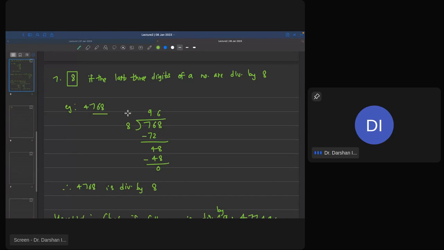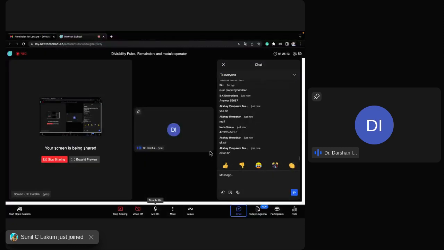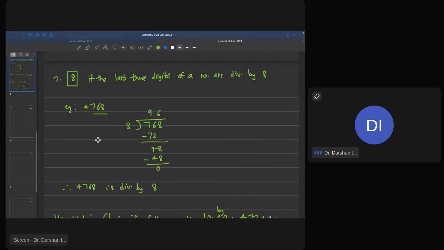Divide by 8: is the remainder 0? Yes, then it is divisible. Simple. Last three digits should be divisible by 8, and if it is getting divided, it's divisible. Okay. Perfect. Very good.